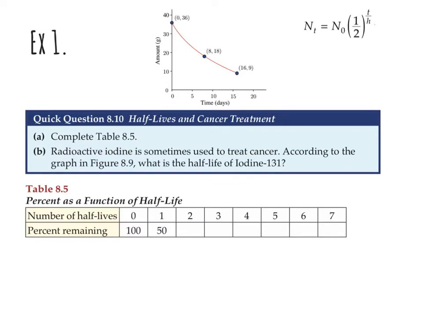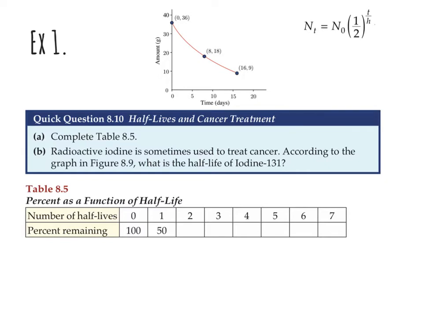Okay, so here we have a graph of iodine 131 and its half-life. You can see how it's going down and to the right, and the quantity is decreasing as time increases. Looking at this, we're going to fill out this table about the percentage remaining.